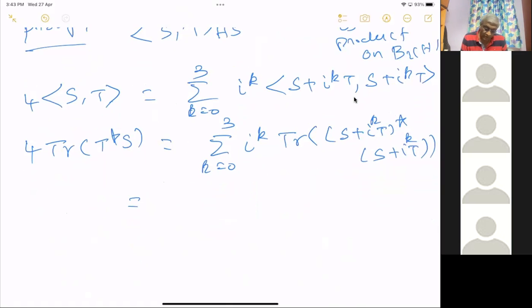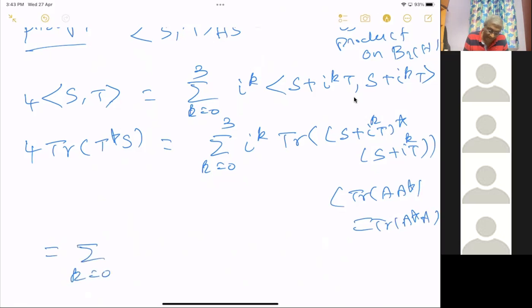So it's okay. Now we know that trace of TT star equals trace of... we have already proved this property: trace of A A star equals trace of A star A. So I will use that property which we have proved. Here it is in that form, A star A, which is equal to trace of A star. So that is equal to the summation k equal to 0 to 3 of i power k trace.